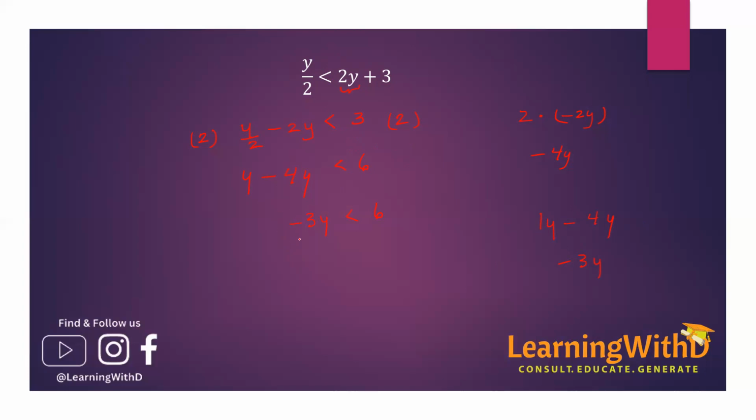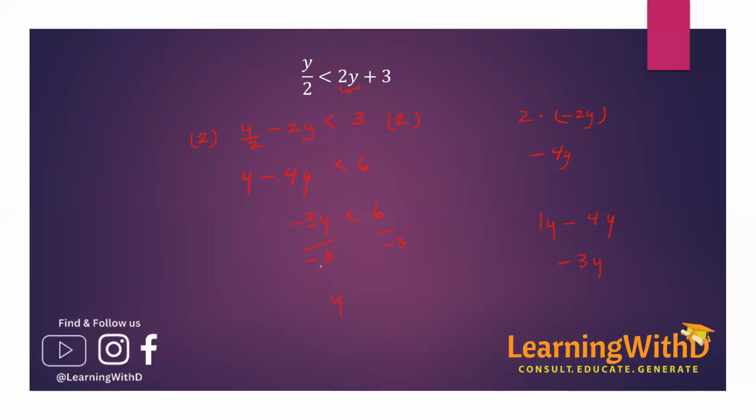We know what to do here. There is a minus 3 in front of my y, so that's my coefficient. So I've got to divide both sides by minus 3. So I'm going to divide by minus 3 here and divide by minus 3 here. These cancel. That's the reason I chose it, right? So now this is y. Now, here's the important thing, and I need you to learn here.